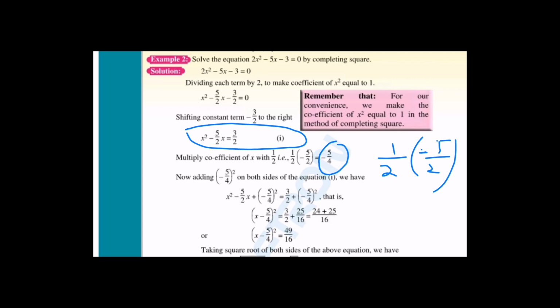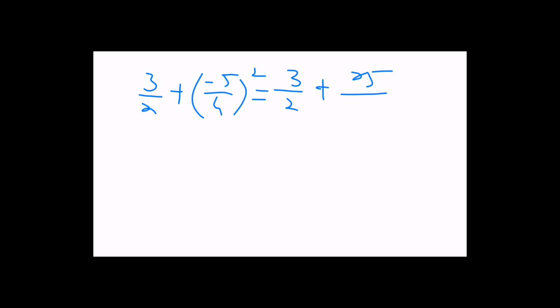By simple simplification, this becomes 3 by 2 plus minus 5 by 4 whole square equal to 3 by 2 plus 25 by 16.